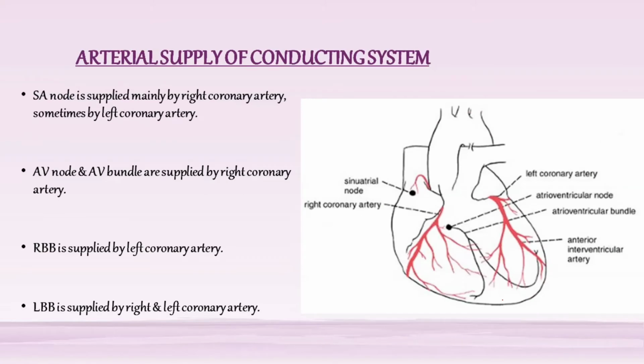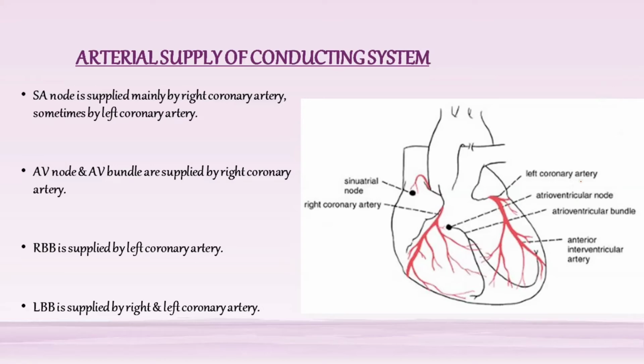Now come to the arterial supply of the conducting system. The SA node is supplied mainly by branches of the right coronary artery. In 60% of individuals, the SA node is supplied by a branch of the right coronary artery, but in about 40% of individuals, it is supplied by the left coronary artery.